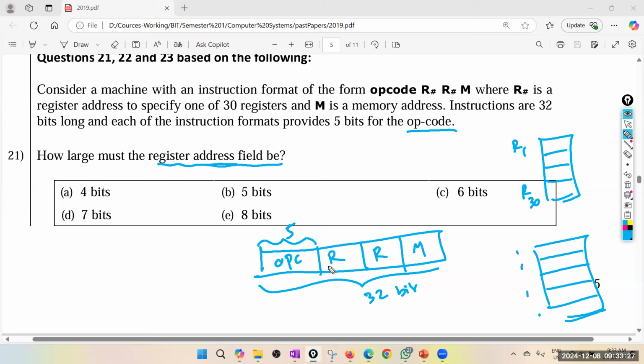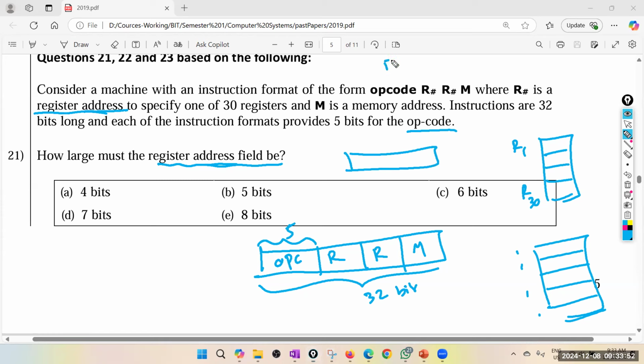It is a register address, not a value. If you have 30 different registers, you need to give each a unique number, because for the computer everything is a number. How many bits do you need to give a unique number to one of the 30 registers?